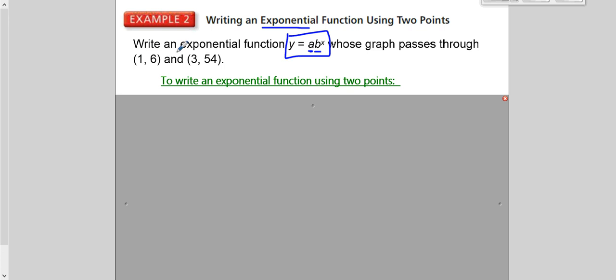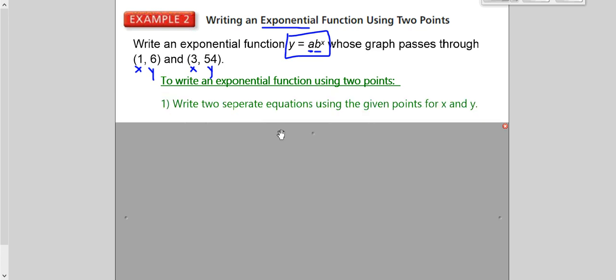What they've given us is 2 different points that are on the graph. So we can use these as an x and a y. We can use (1, 6) to write an equation. We can use (3, 54) to write an equation, putting those numbers in for x and y. So that's the first thing we're going to do, write two separate equations using the given points for x and y.